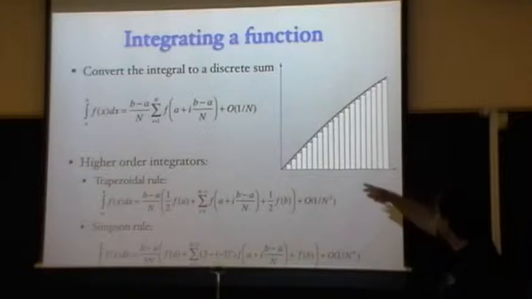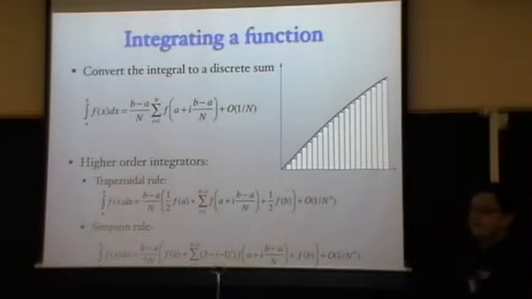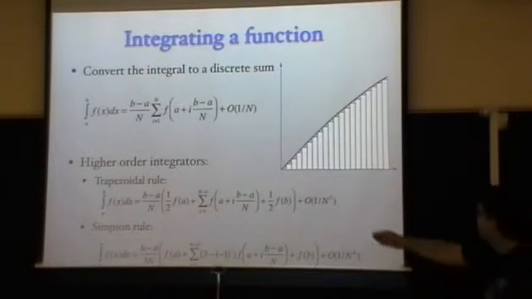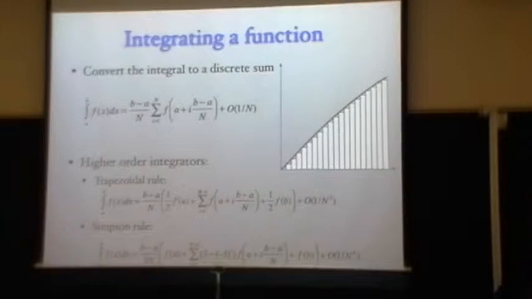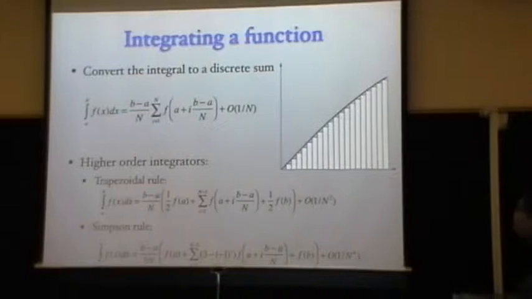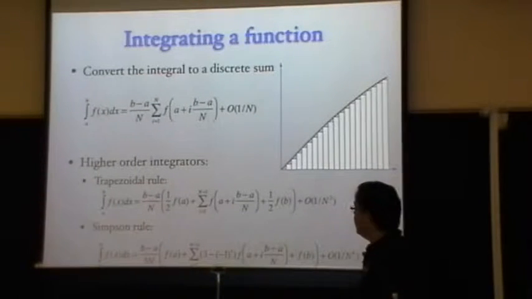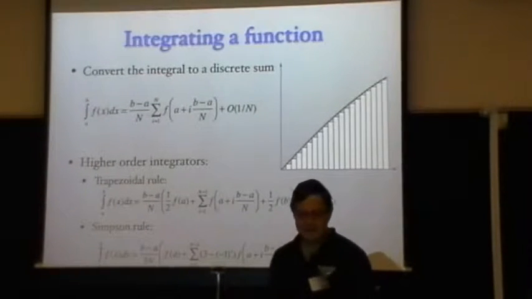We have a function, the red line here. We have the interval, which we divide into small steps, and then we approximate the integral by a sum.